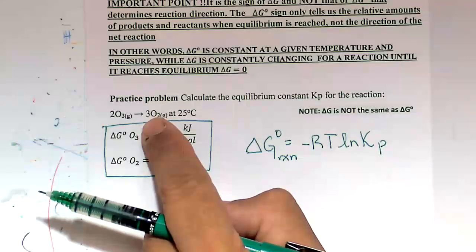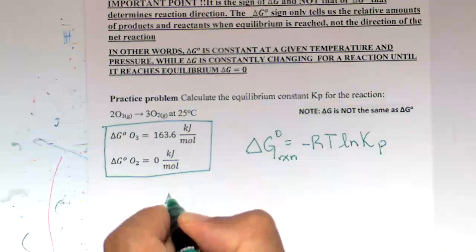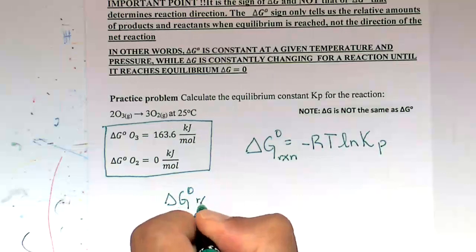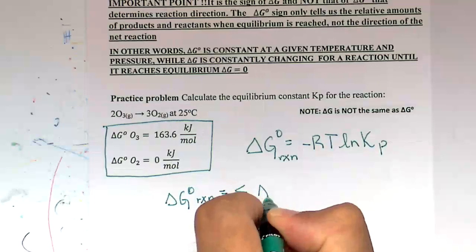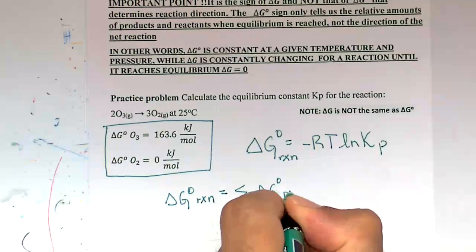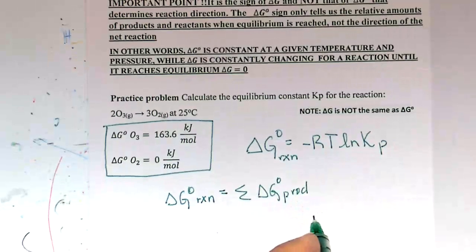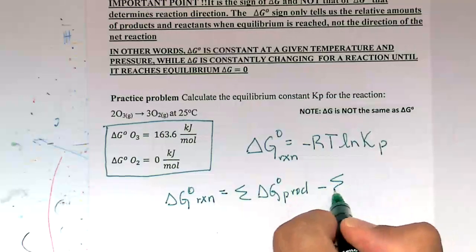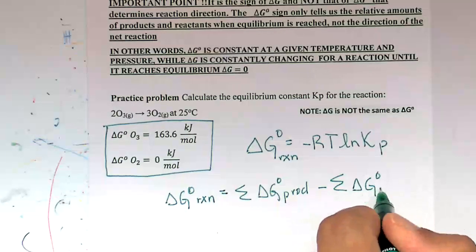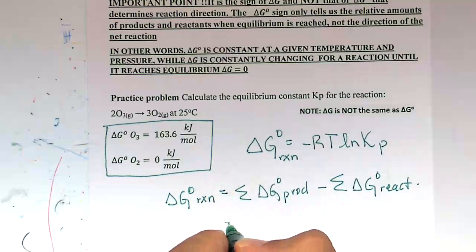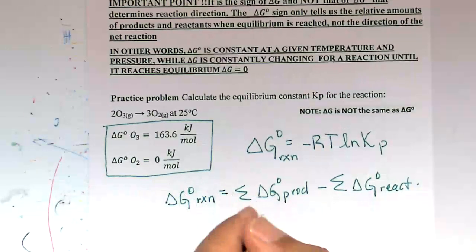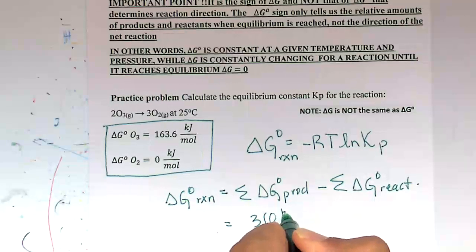How many moles do we have? 3, so we're going to multiply this by 3.